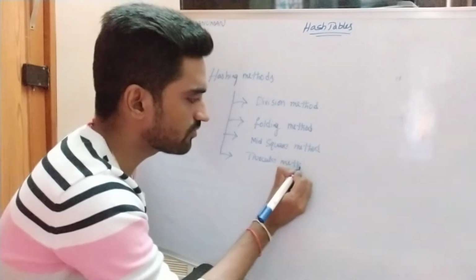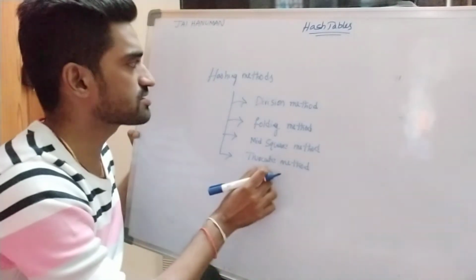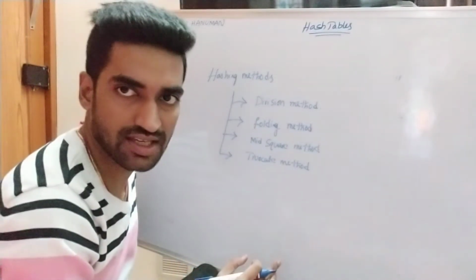So these are the 4 types of methods which are supported by hash tables, right?